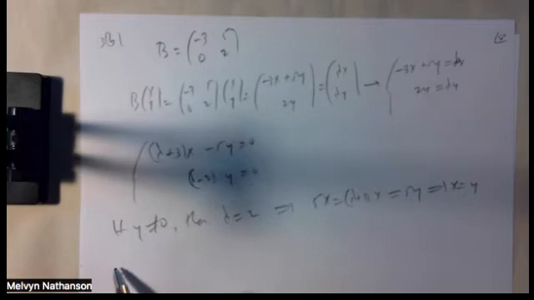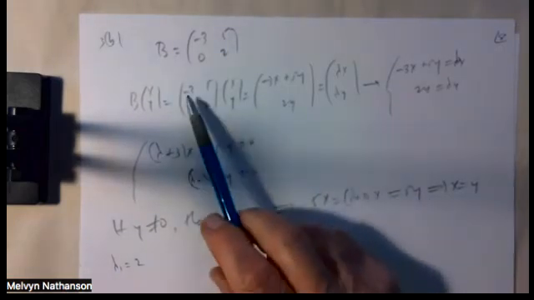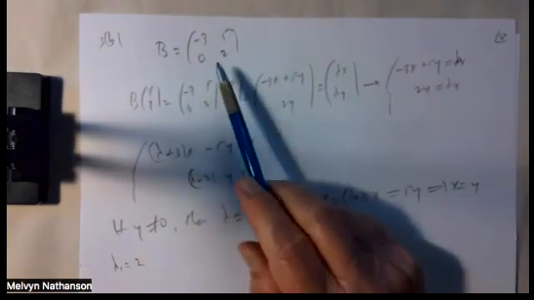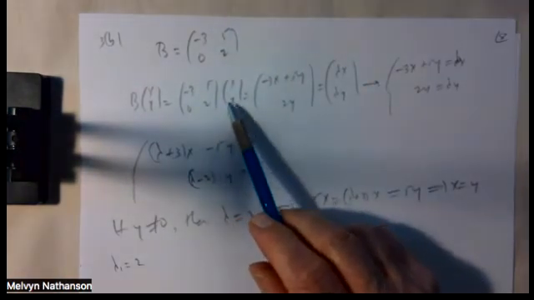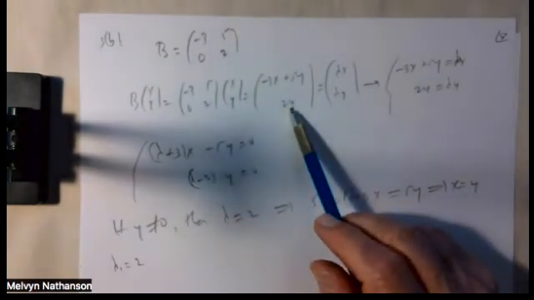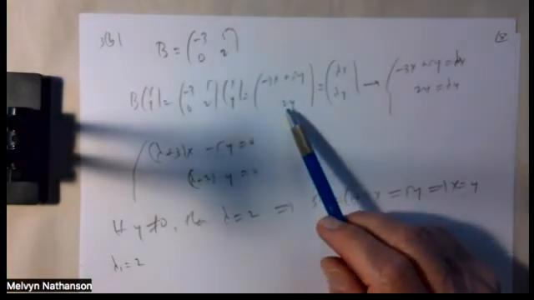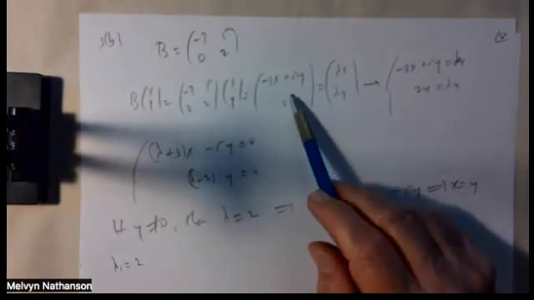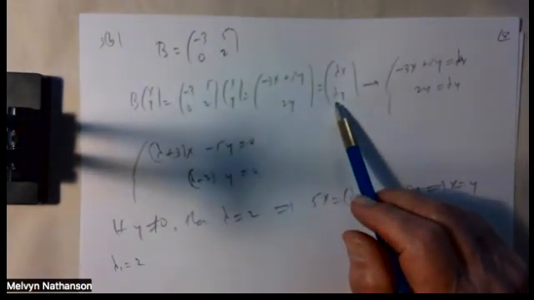So for example, if we let lambda 1 be 2. Professor? Yes. Is that lambda plus 3 y or what? Sorry, I don't see. So here's the matrix B. When you apply that matrix to a vector, you get this vector. And the question is, for what lambda is this vector equal to lambda x, lambda y?